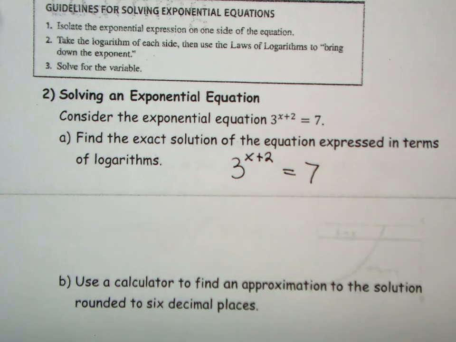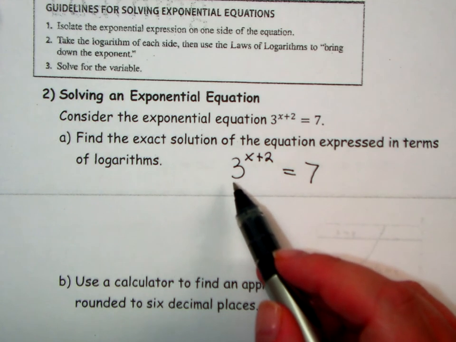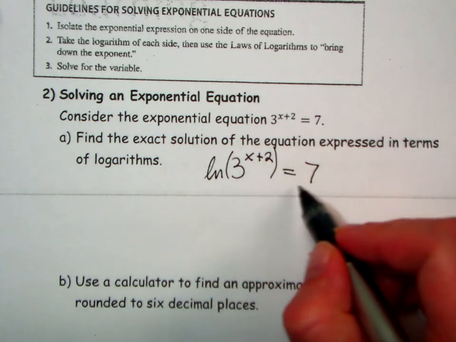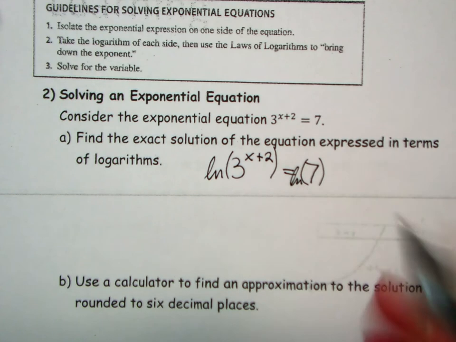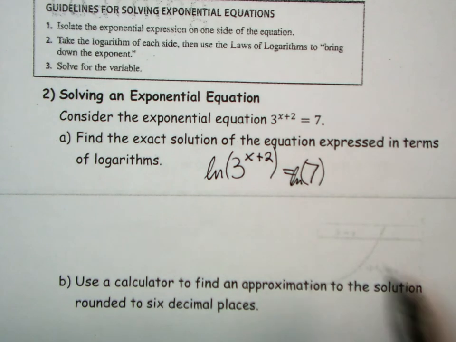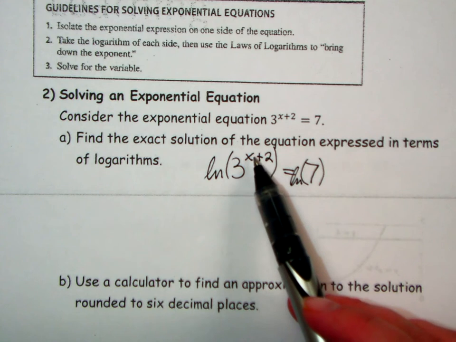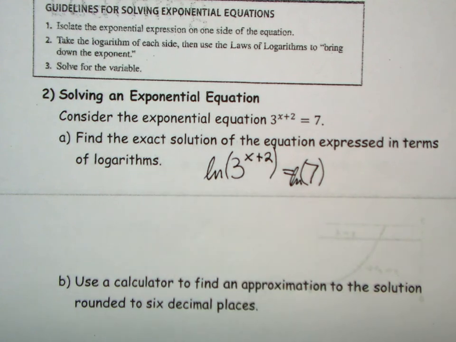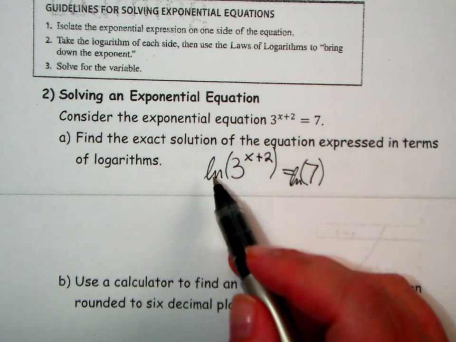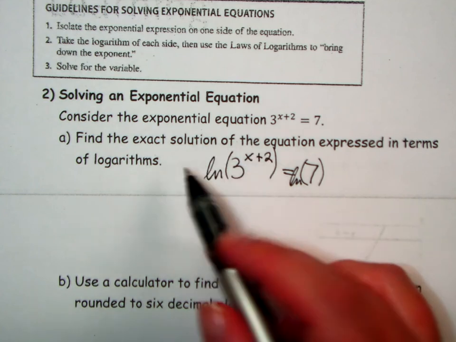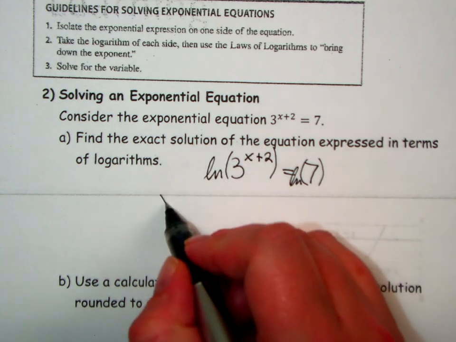You can use log if you'd like, but I'm always going to use ln here. This helps because the third law says the power gets pulled down out front, allowing me to bring the x down where I can solve for it.